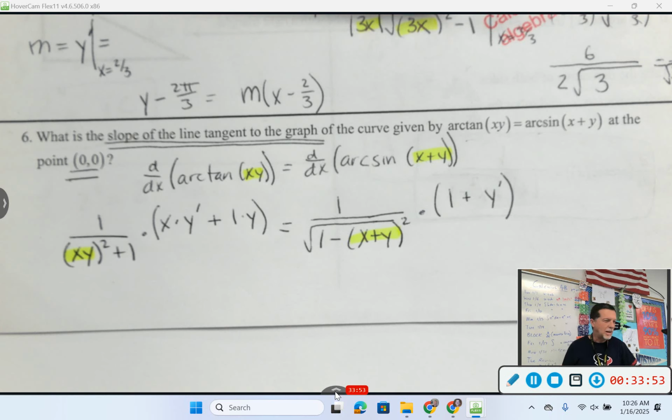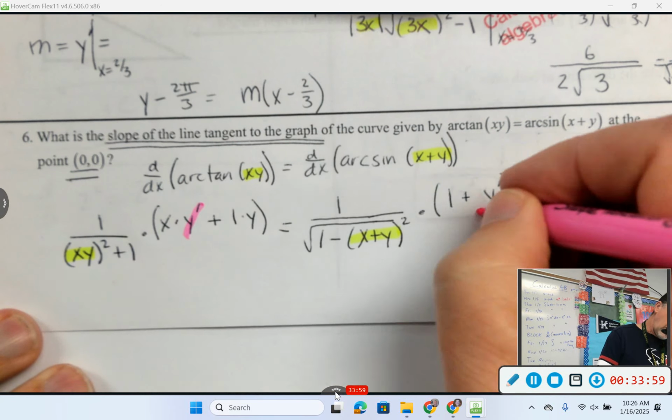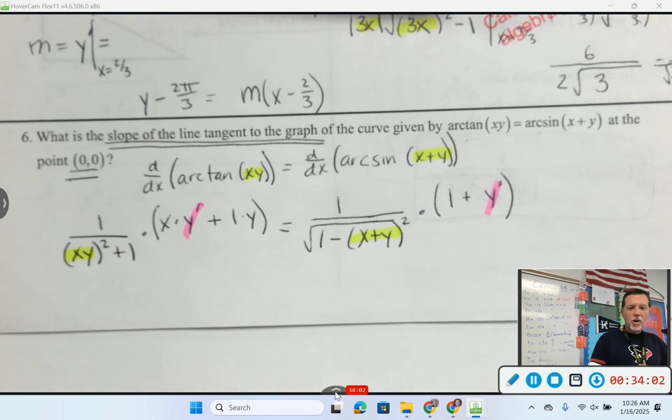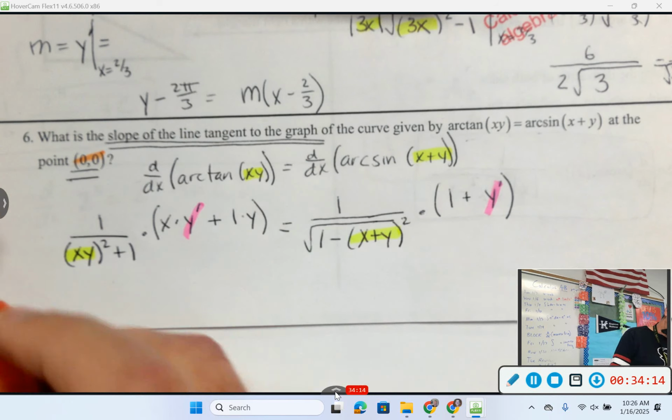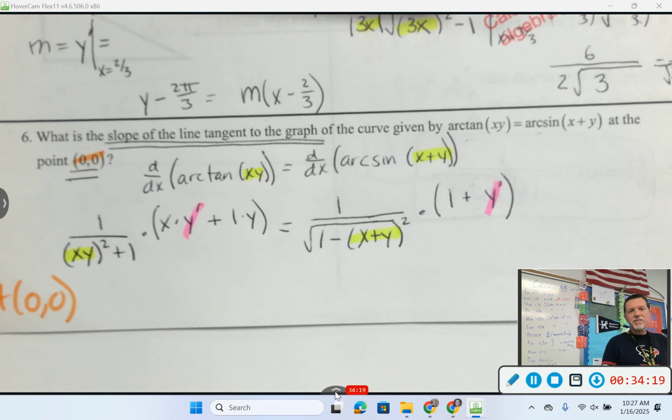Okay. And I'm trying to solve now. I want to know what y prime is. So I could do some awful algebra first. But what would make my life easier than doing algebra and moving things around? Let's plug in (0, 0). That's going to wipe out a whole bunch of stuff.